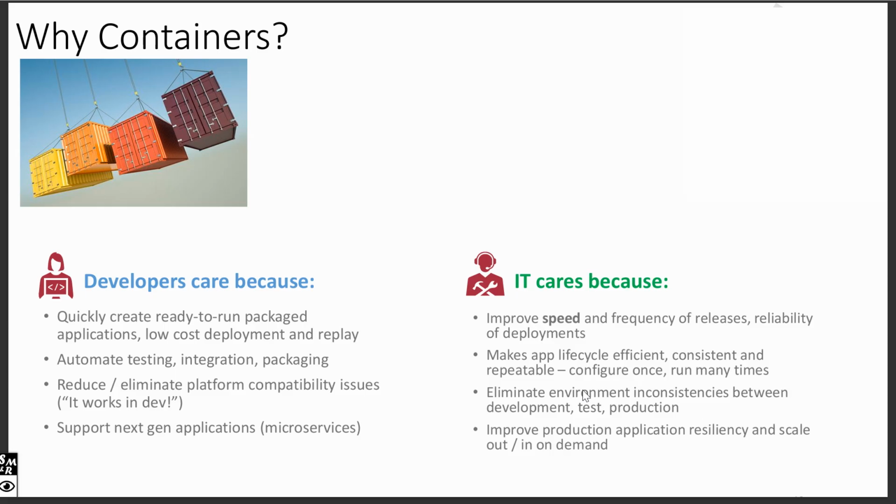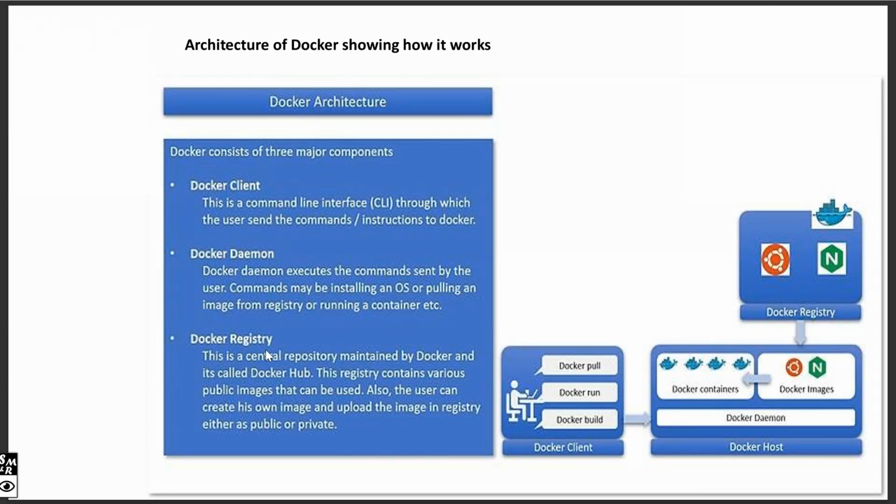It makes the app lifecycle efficient, consistent and repeatable. If we configure once, we can run many times. There are a lot of features by using Docker. And one more thing, guys, you just need to understand the Docker architecture.